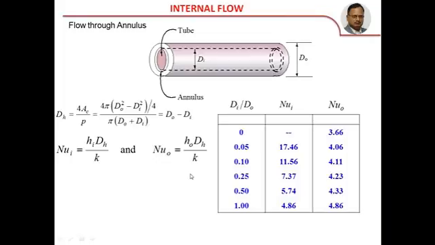While fluid is flowing through the pipes, we have to determine the friction. That's the Darcy-Weisbach relation we will use: delta P equals 4 F L rho V square by 2D, where F is the friction factor. In laminar conditions F is equal to 64 by Re, and in turbulent condition the F equation is given separately for smooth pipes and for rough pipes.